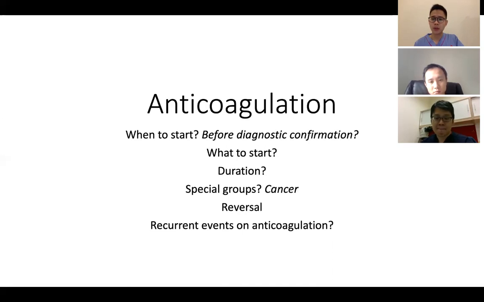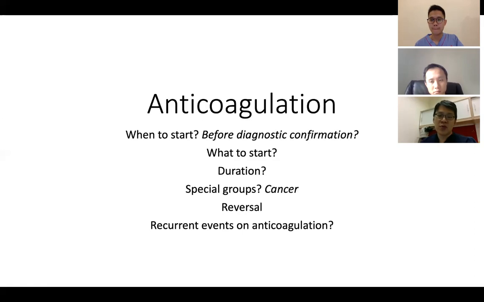In terms of reversal, I understand some of the DOAC agents actually do have reversal agents, but do we hold them in our centers, and when do we consider reversal? Okay, so there is also a guideline under the guides and policies on urgent reversal of anticoagulation. If you ever face it, just pull out the guideline, it will teach you step by step what to do.